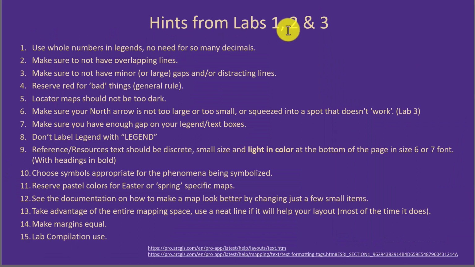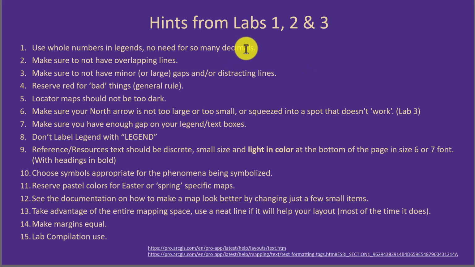Some hints from Labs 1, 2, and 3. I'm not going to read through all of these, but feel free to pause and read these and ask in class what you can do to fix these or what exactly I'm talking about.